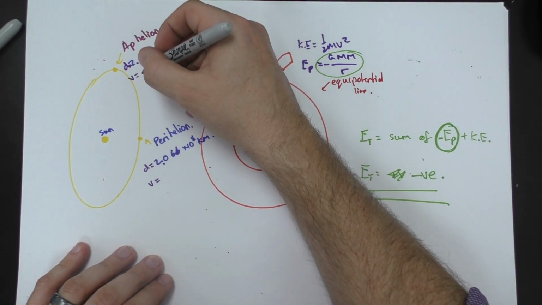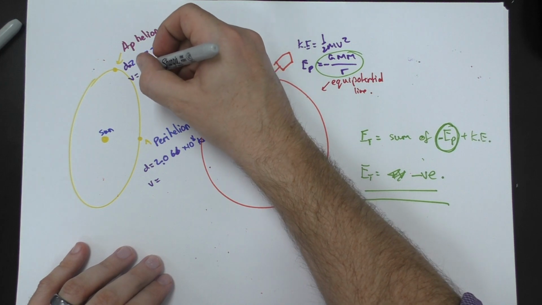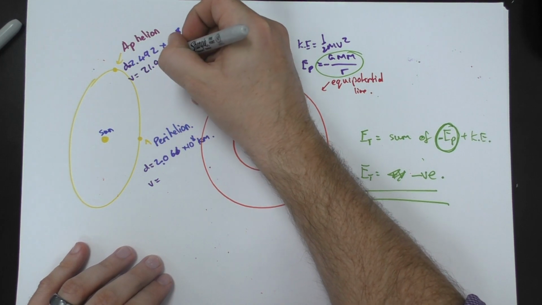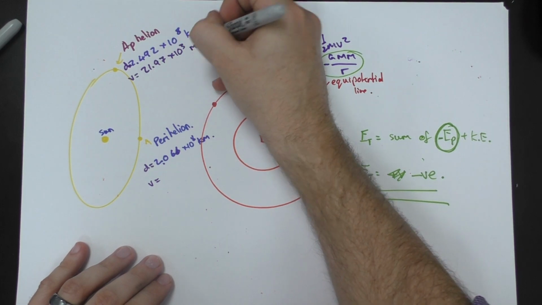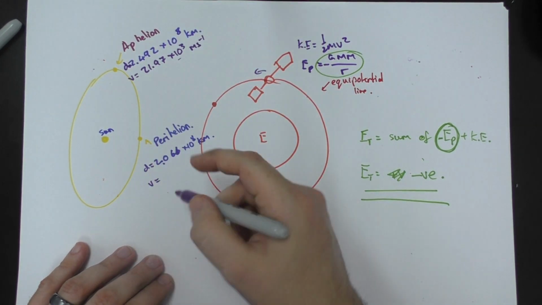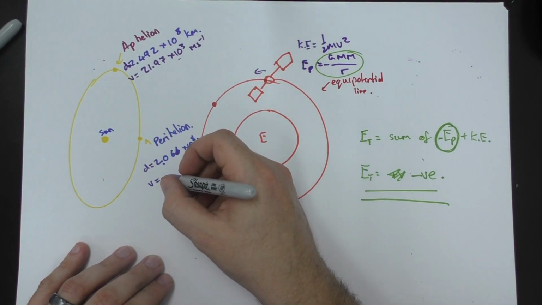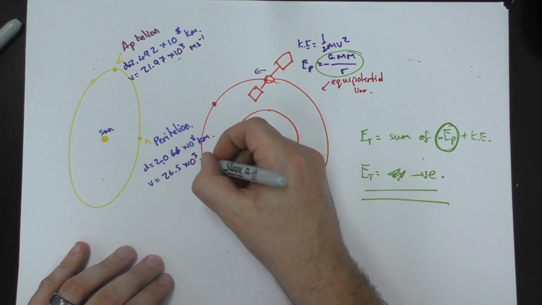So the velocity for the aphelion is 21.97 times 10 to the 3 meters per second. I've written that because I have it written here as kilometers per second, but that's what the value is. And the velocity here for the perihelion is 26.5 times 10 to the 3 meters per second.